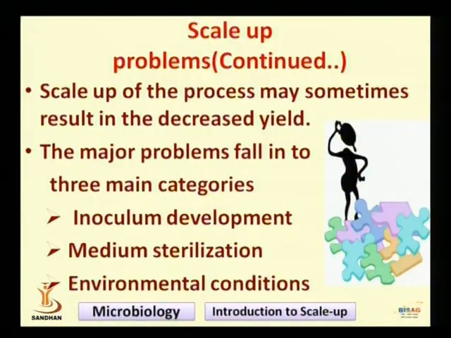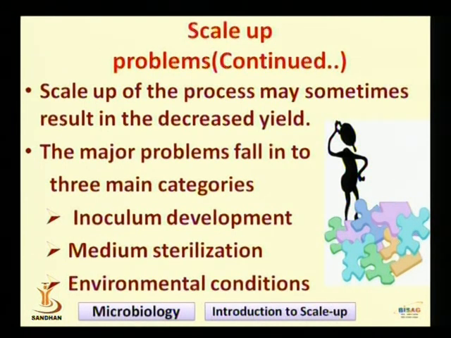There are standard protocols for the development of the inoculum, depending upon the process organism, and the final inoculum has to be produced following that standard protocol. So with the rise in the scale, it would be necessary to add some extra stages in the inoculum development program, so that finally we get enough quantity of the inoculum.